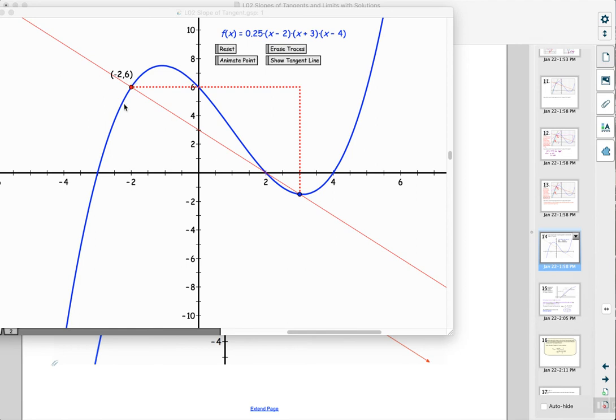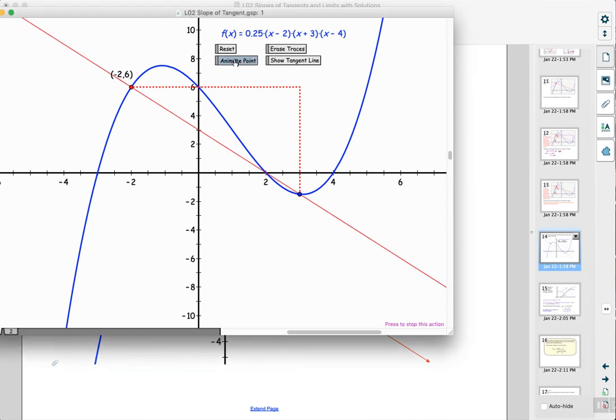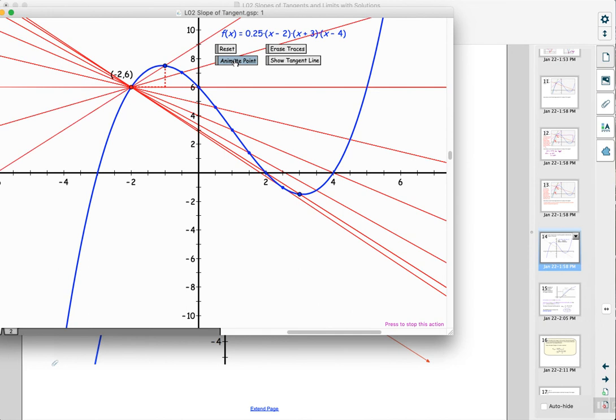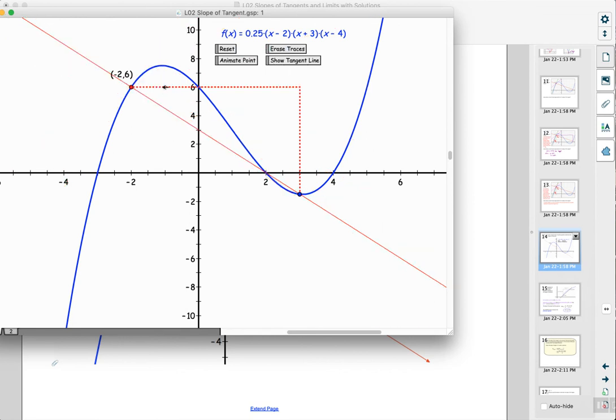And what we can see right now is that this is a very large delta x from there to there. So how do I get a better estimate for the slope of the tangent? I make delta x smaller. See how we're making delta x smaller as we move the point along the curve. And the best possible estimate would be this one at the very end where we've made delta x as small as possible. Erase those traces, and again, I'm going to show you again.